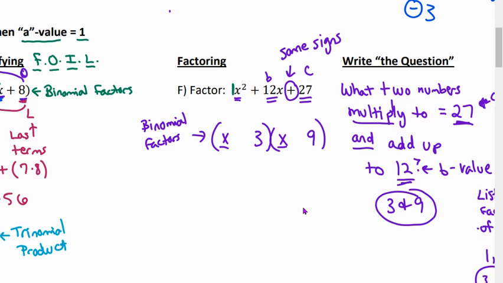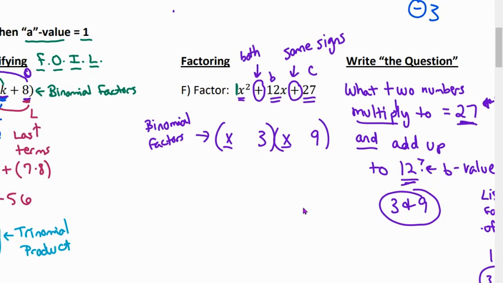So as long as the signs are the same here and here, you will get a positive C value. But in order for them to add up to a positive 12, they have to both be positive. So we just factored this trinomial into two binomial factors.